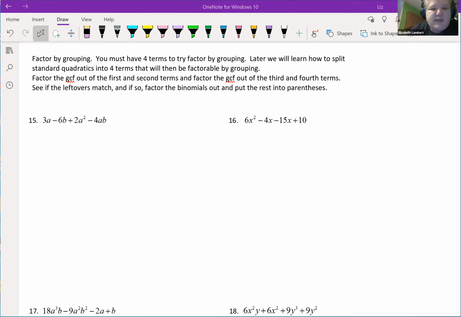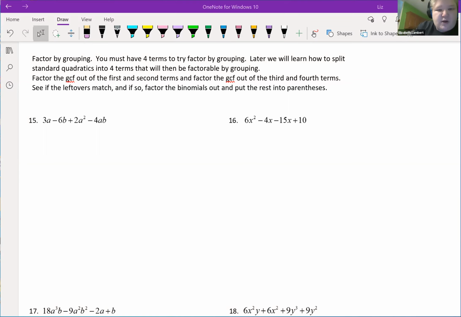All right, so factor by grouping requires 4 terms, 4 things being added or subtracted. Later on, we're going to learn how to take a standard quadratic that's 3 terms and split the middle term so we have 4 terms, and then we'll be able to do this.